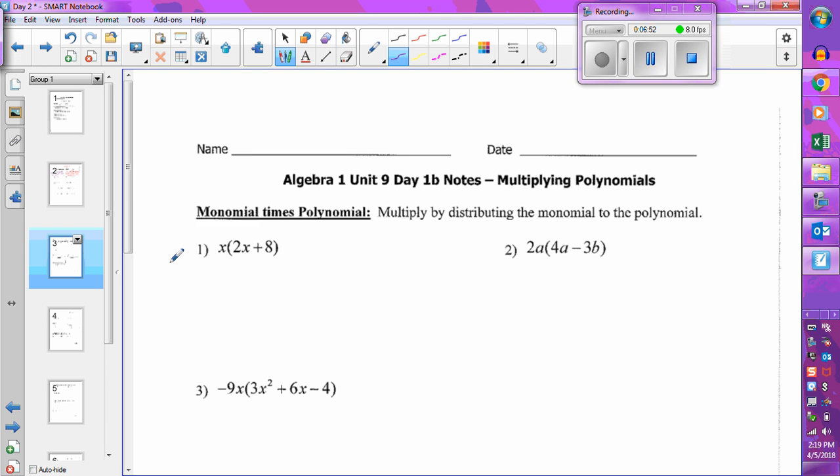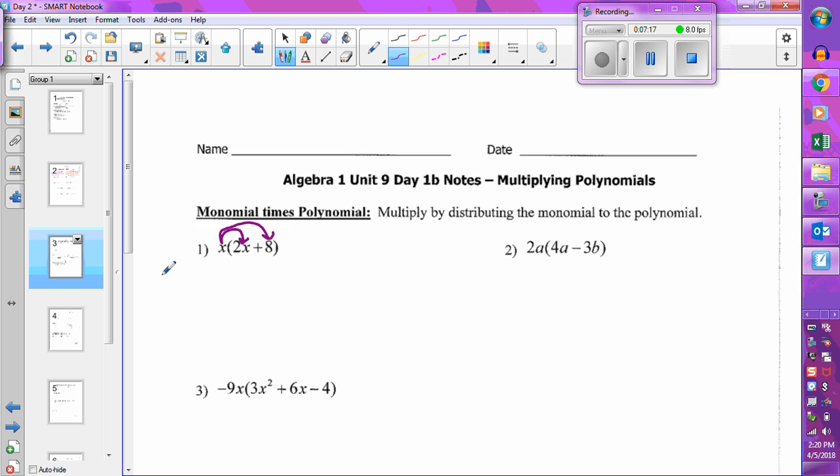So the first thing that we're going to do is a monomial times a polynomial. We're going to be multiplying by distributing the monomial to the polynomial. So we're going to take this x and distribute it over here to the 2x, and take this x over here and distribute it to the 8.